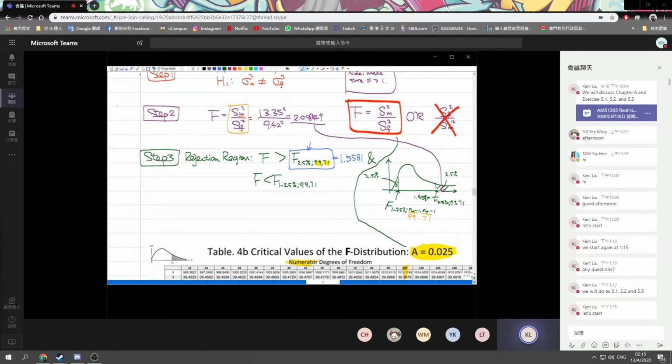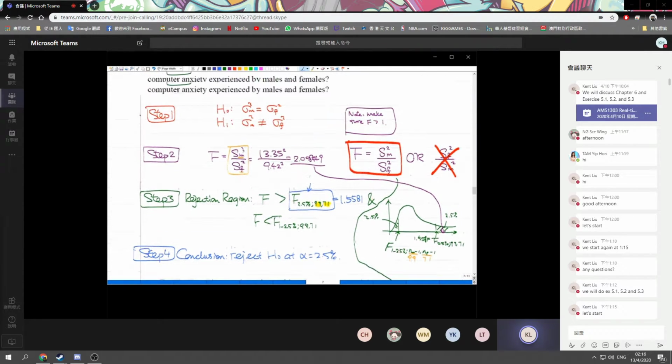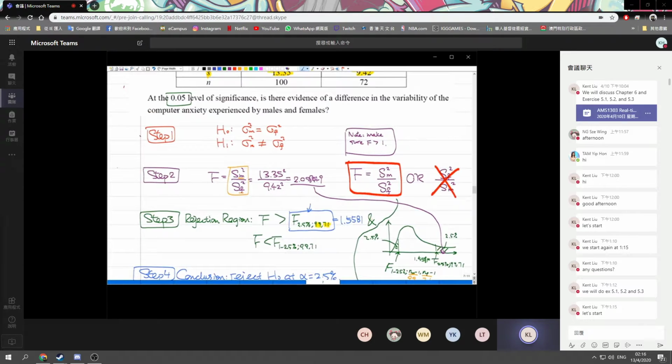So finally, we can have our conclusion saying that we reject the null hypothesis at alpha equals 2.5%.